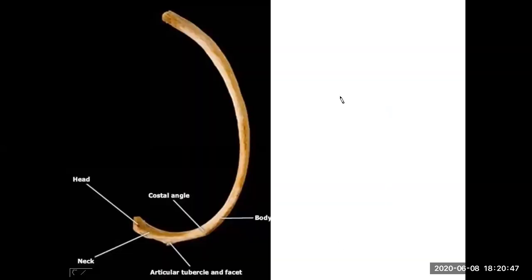And we have some views here. So we're able to see the sternal end of the rib. The opposite of that would be this side over here, the vertebral end.